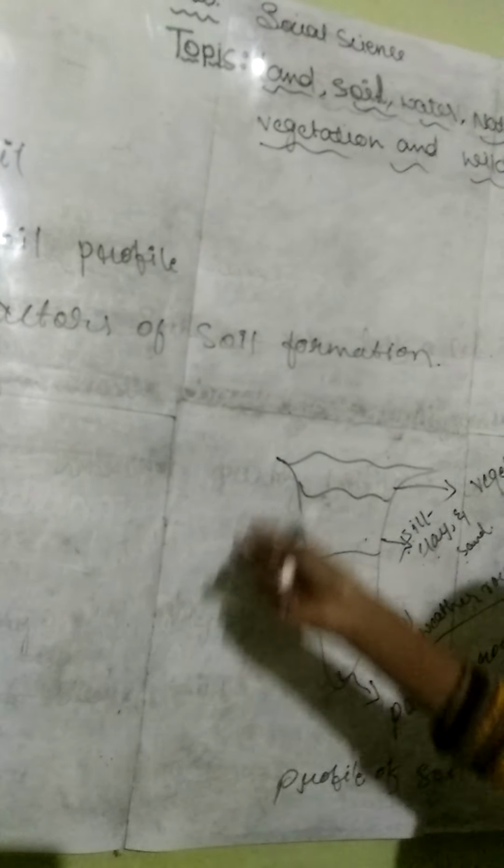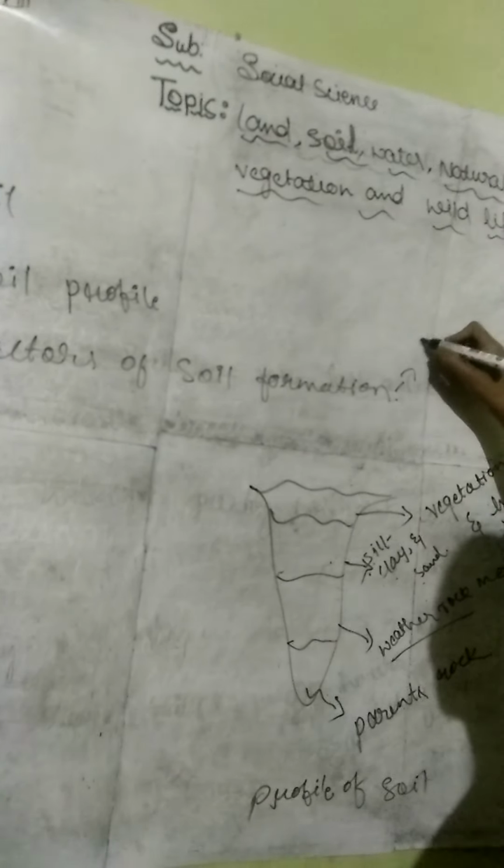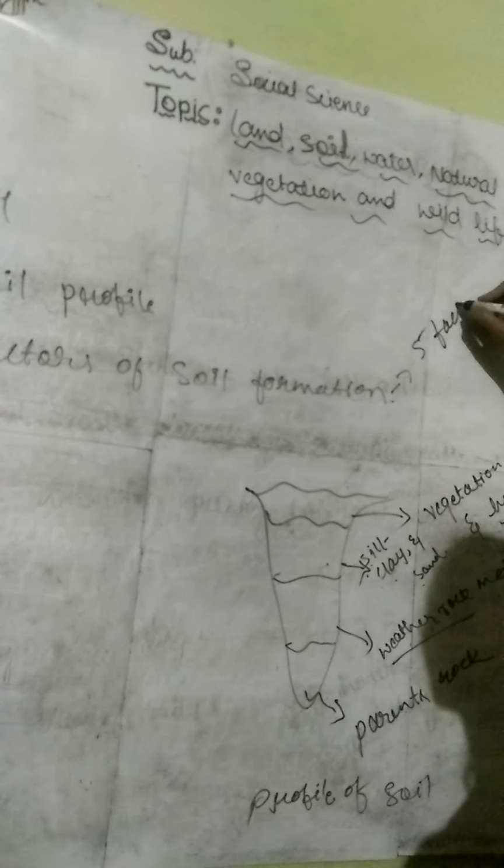If we talk about the factors of soil formation, there are 5 factors.